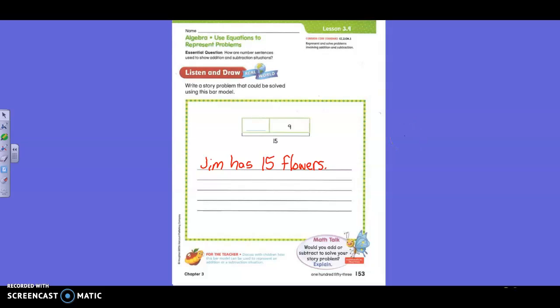What other number do we have, boys and girls? Nicholas? 9. So what do we want to say about 9? Toys. No. We're on flowers. We're taking away, right? We are minusing. We are subtracting. So what can we say about flowers in 9?